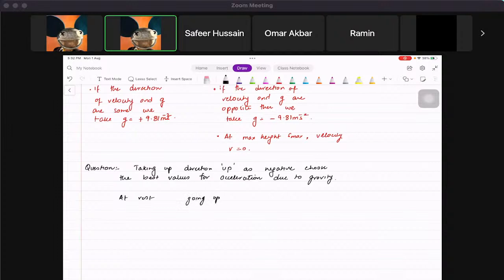going up, going down, and at max height. And some options are given.